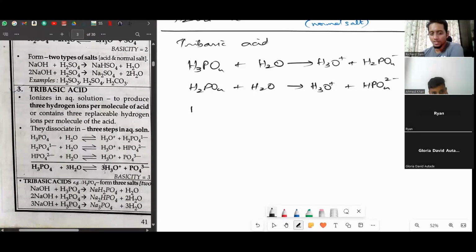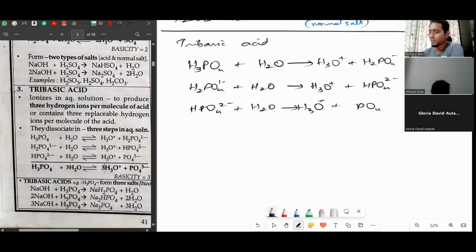And in the third reaction, you get HPO4, which is 2 minus, that will react with another water molecule to form a third hydronium ion and PO4. And its valency will become 3 minus because it lost 3 hydrogen ions.